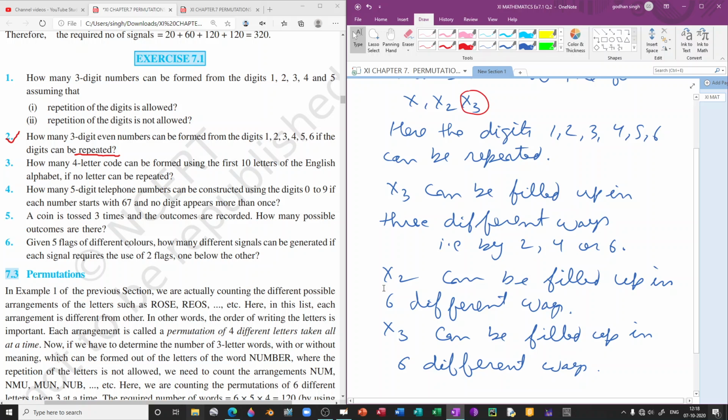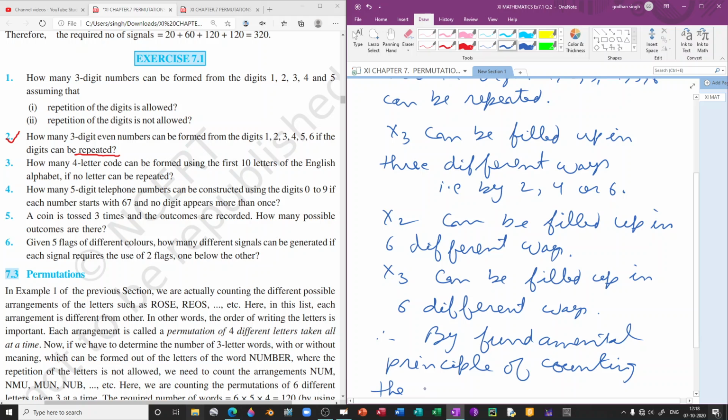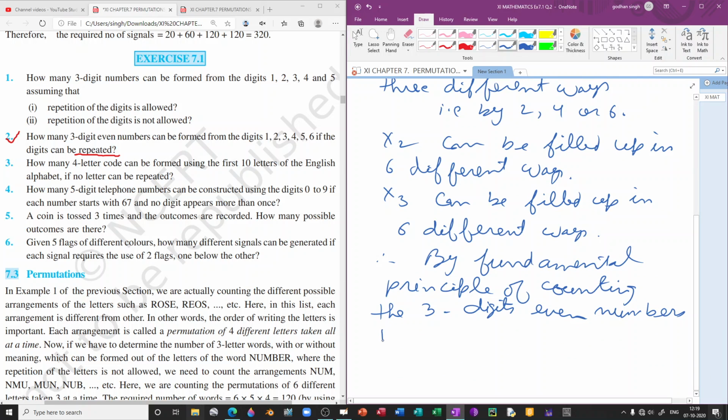So by the fundamental principle of counting, the 3-digit even numbers that can be formed in total are equal to the product of the ways.